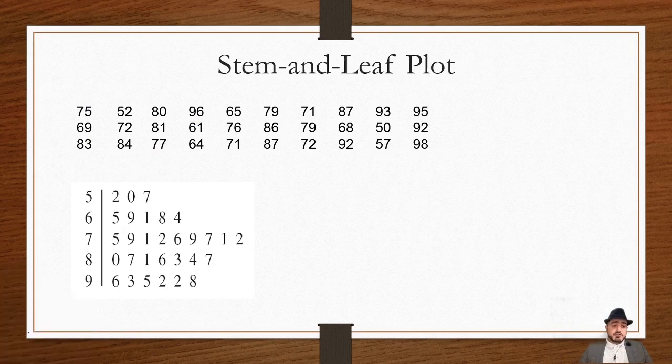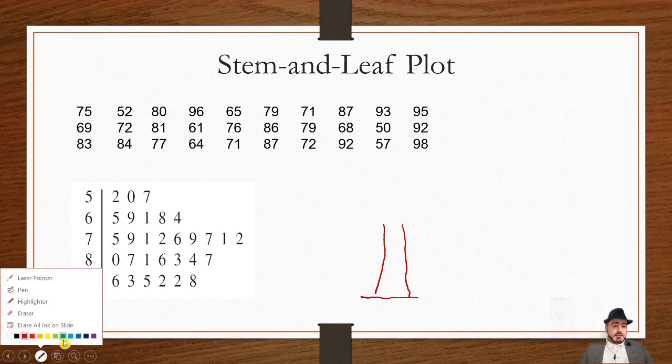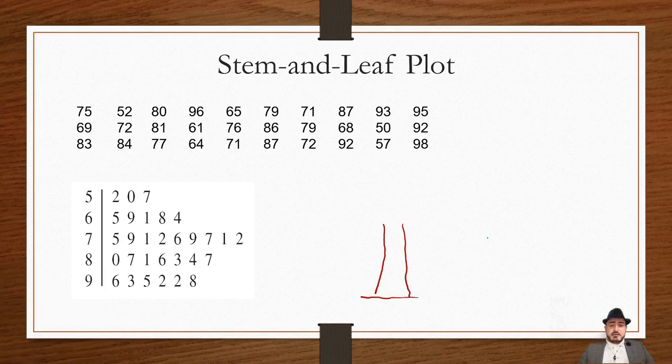Let's try to visualize the stem and leaf display using this tree, where we've got a tree here, and within this tree we have so many stems. So let's imagine that this is one of the stems, and within each stem we've got so many leaves.